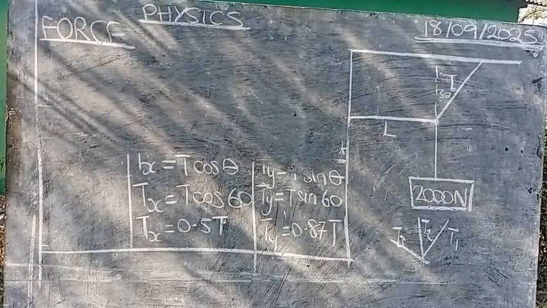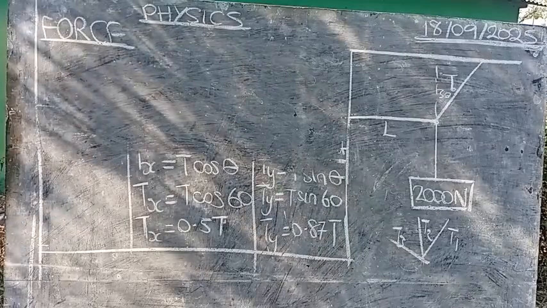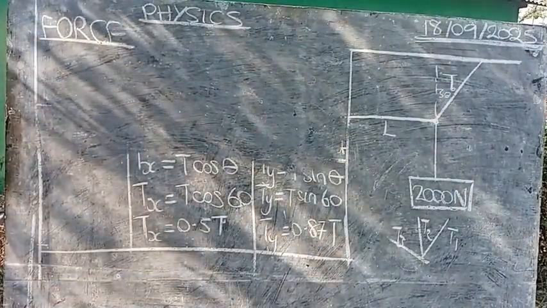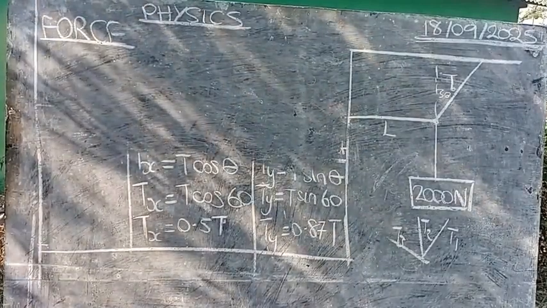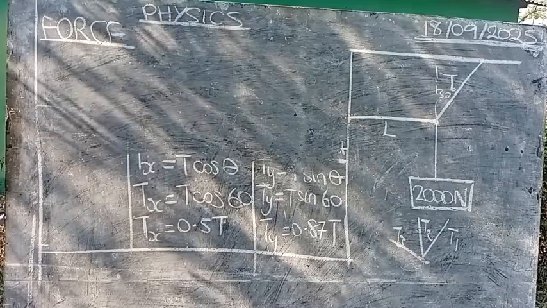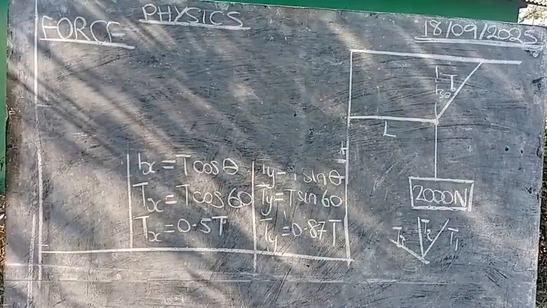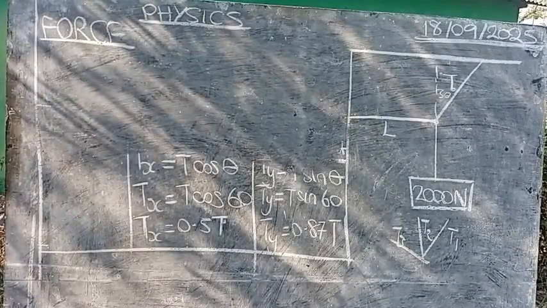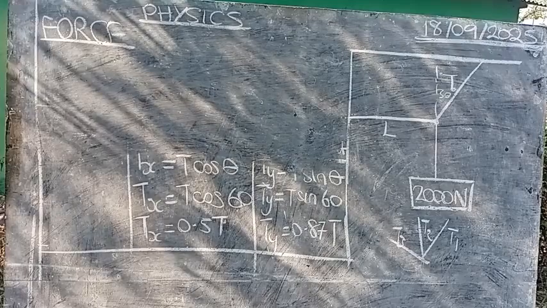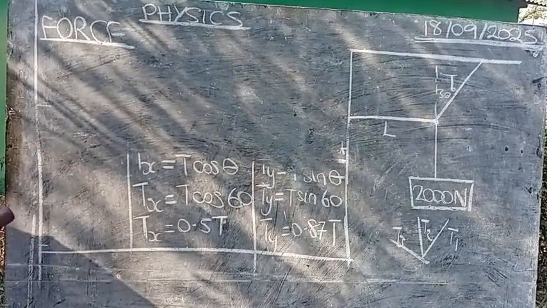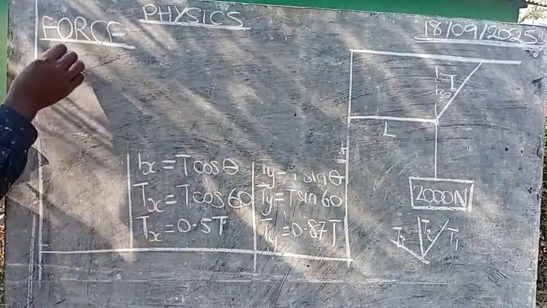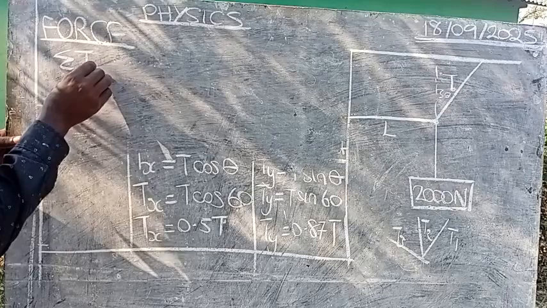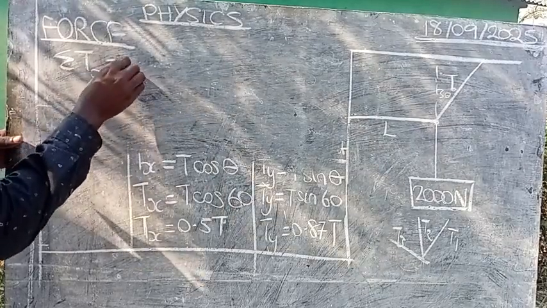Okay, so after resolving the components, now we have to sum all the vectors acting in the x direction and equate to 0. Then we should also sum all the vectors acting in the y direction and equate to 0. So the summation of Tx will be equal to 0.